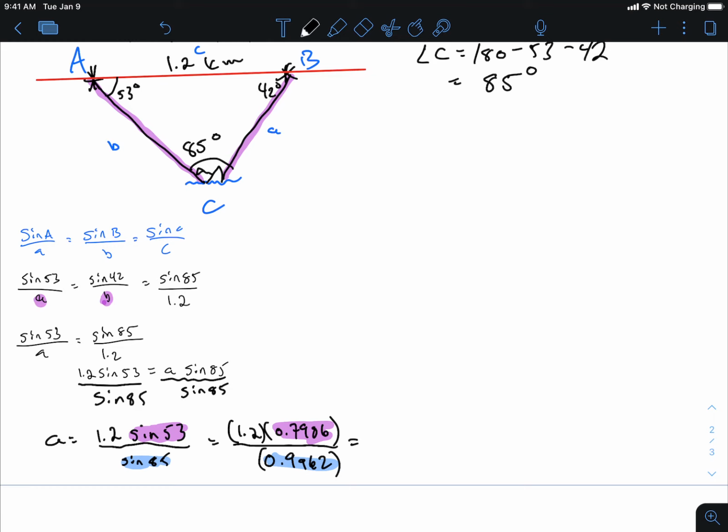Okay, what's the final number for side length A? You're just typing that into your calculator, right?